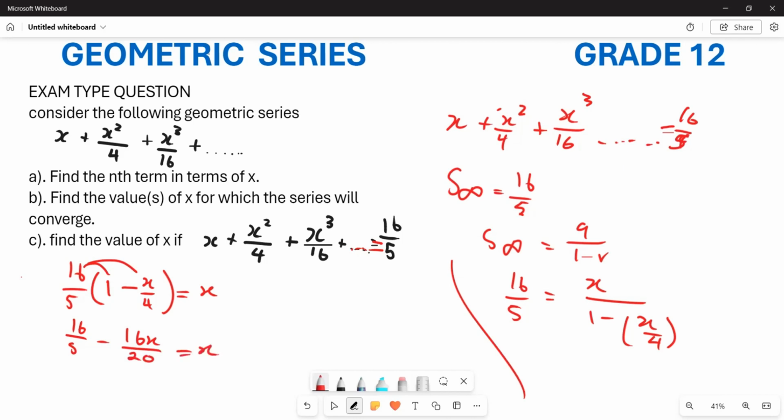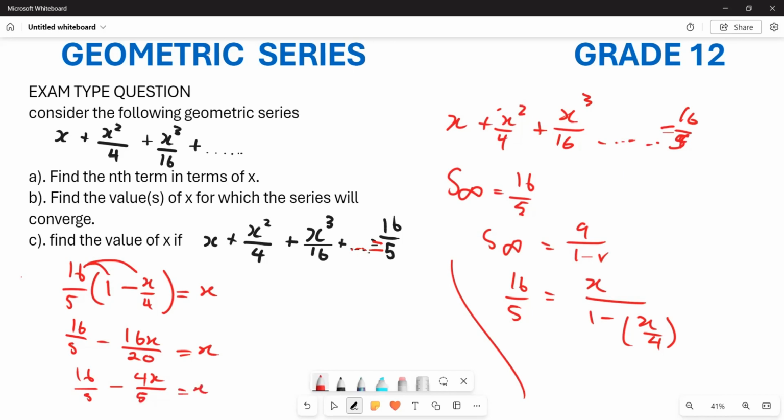Now, you can still resolve this, and as you are solving this, this is same as 16 over 5, subtract, now here, it's divisible by 4. As this is divisible by 4, 4 goes in your numerator 4 times, this is going to be 4x, and 4 in your denominator goes how many times? It goes 5 times.